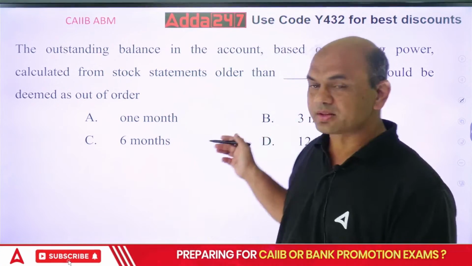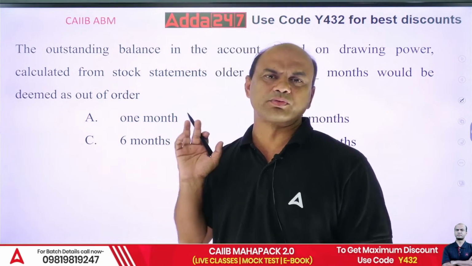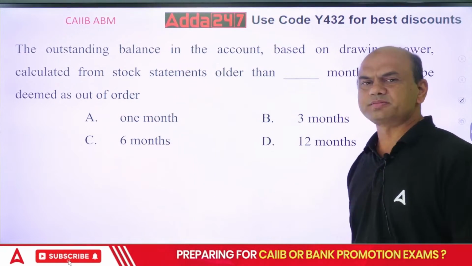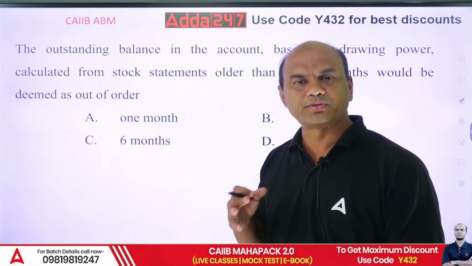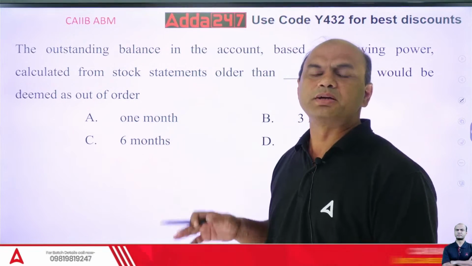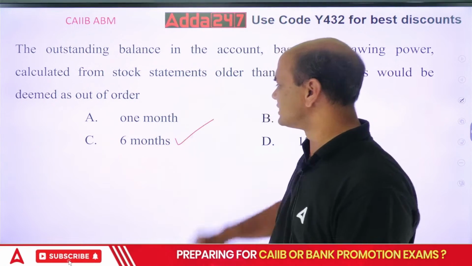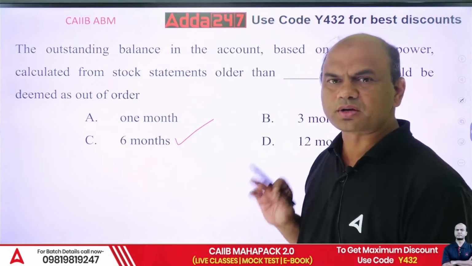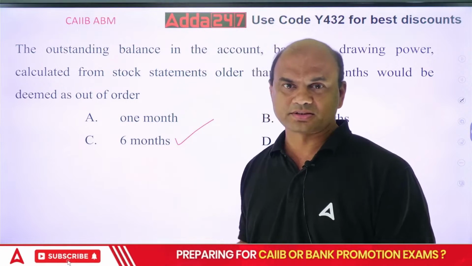So what is the criteria? From where do I say this stock is of no use? Is it 1 month, 3 months, 6 months or 12 months? It depends. Every bank will have a specific criteria of its own. But generally what is accepted in banks is 6 months. Up to 6 months you can consider the stock as okay. But again it depends on the business.